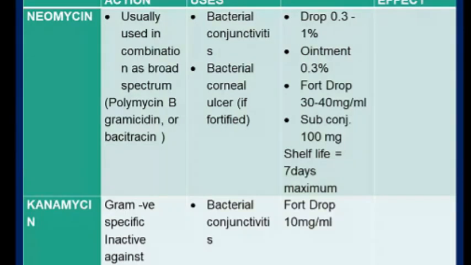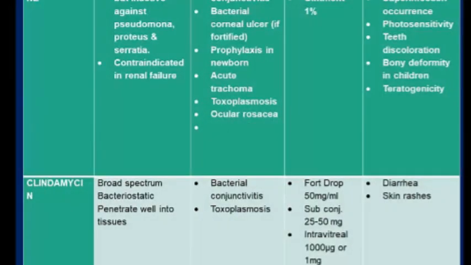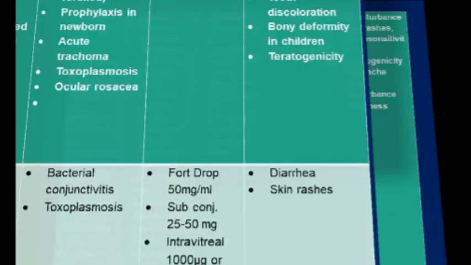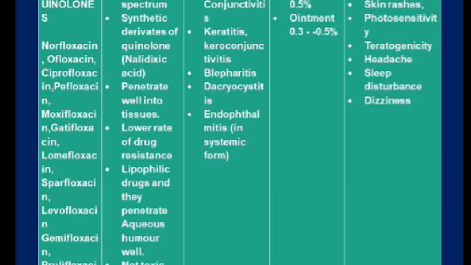Neomycin is a broad spectrum, and kanamycin is a gram negative. So the same usage. Tetracycline is a broad spectrum. Clindamycin is a broad spectrum. The fluoroquinolones, which are ofloxacin, ciprofloxacin, levofloxacin, and the rest, are all broad spectrum antibiotics.